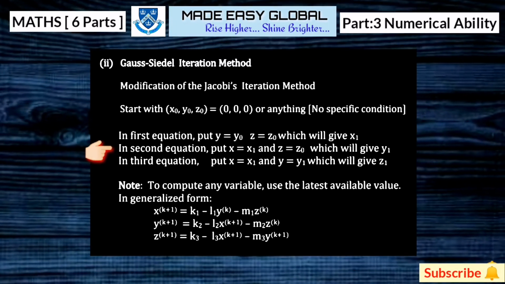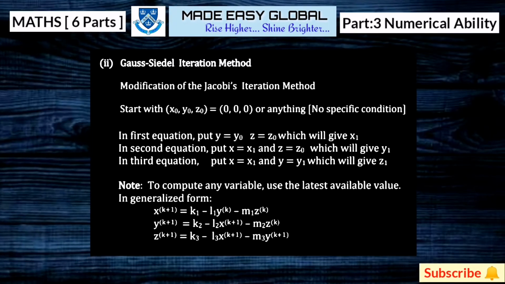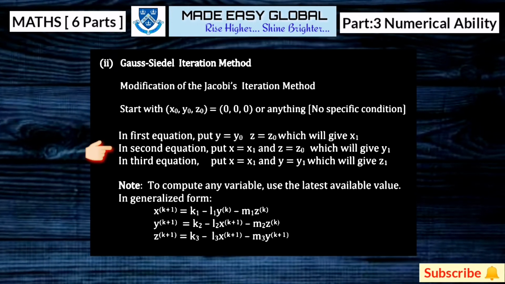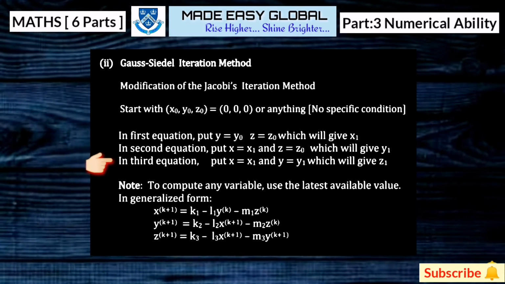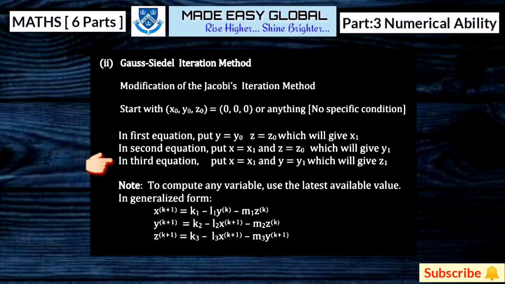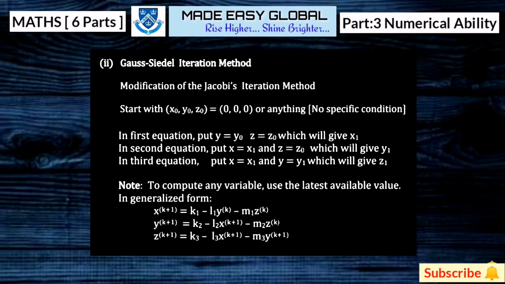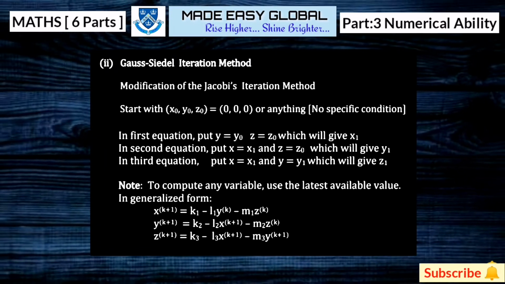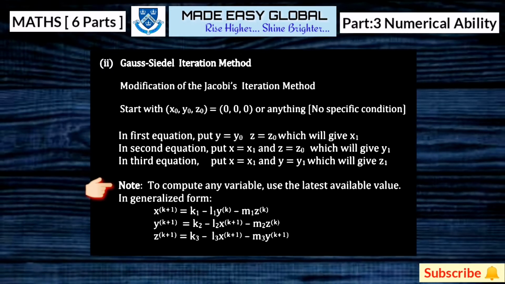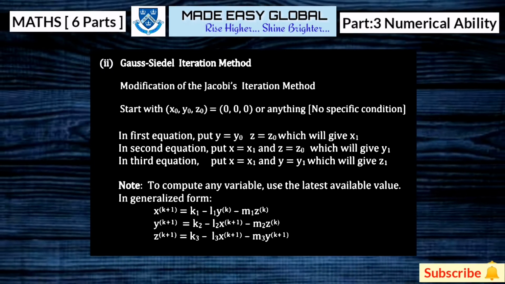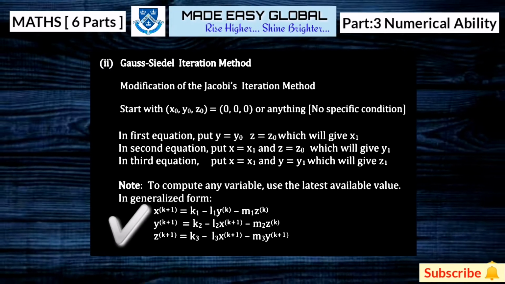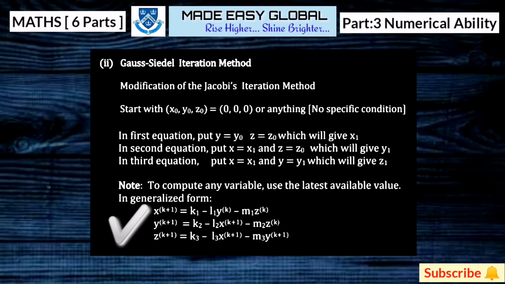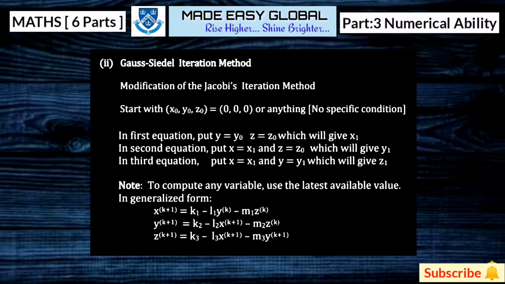Then in the second equation put x = x1 and z = z0, which will give y1. Similarly, in the third equation put x = x1 and y = y1, which will give z1. Here note that to compute any variable, use the latest available value. In generalized form, these three are the equations in the form of x, y and z.